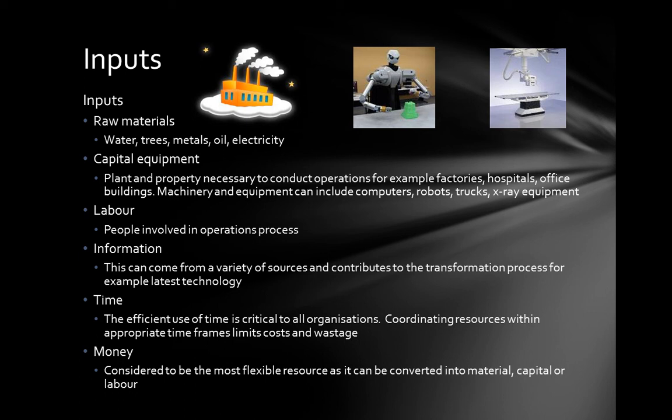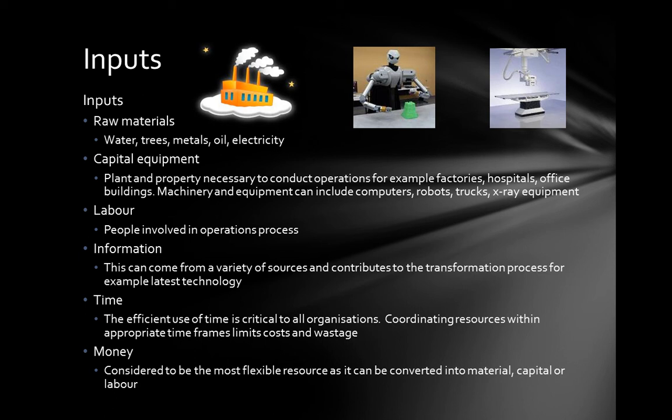Firstly, there are raw materials, and this can include water, trees, metal, oil or electricity. Capital equipment, which includes the plant and property necessary to conduct operations, for example, factories, hospitals, office buildings. Machinery and equipment can include computers, robots, trucks, X-ray equipment.